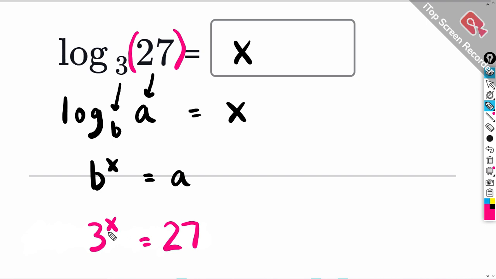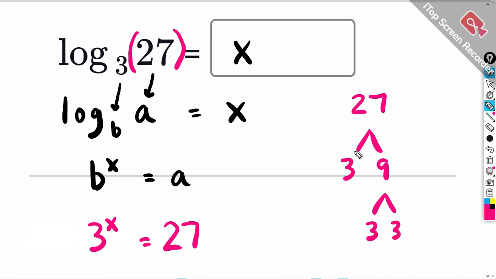I know in my head 3 to the third is 27. Just in case you didn't know it in your head, you take 27 and you break it up into powers of 3. So 27 divided by 3 is 9. Okay, can't break up the 3. The 9 we can break up into 3 and 3.